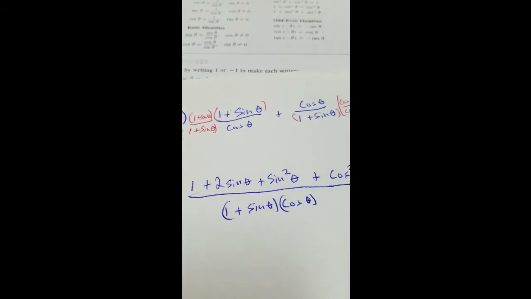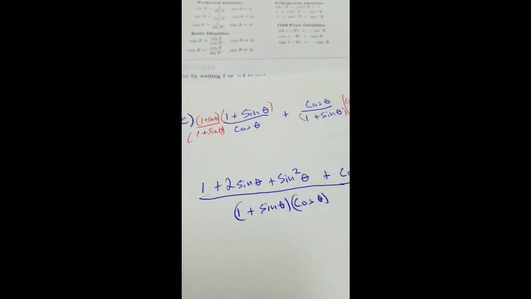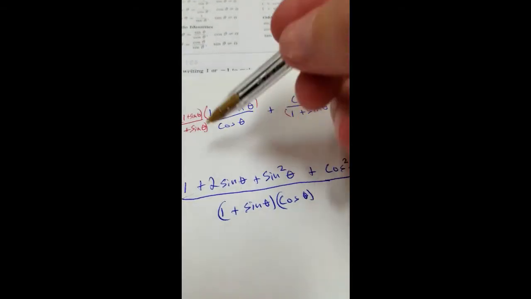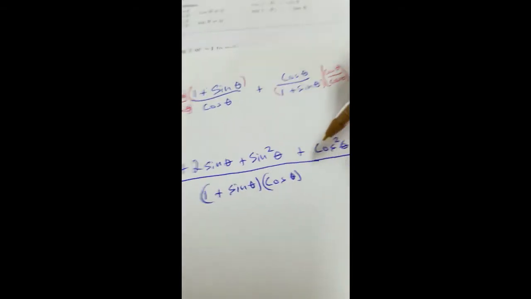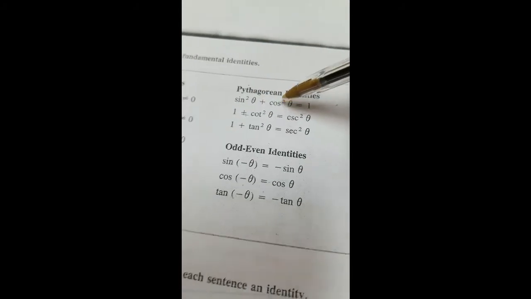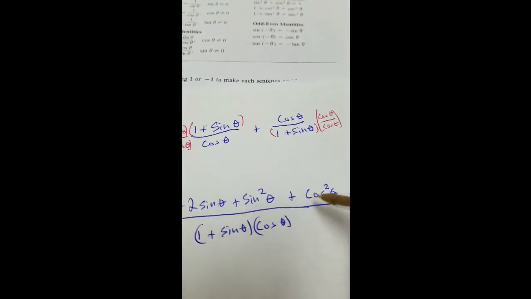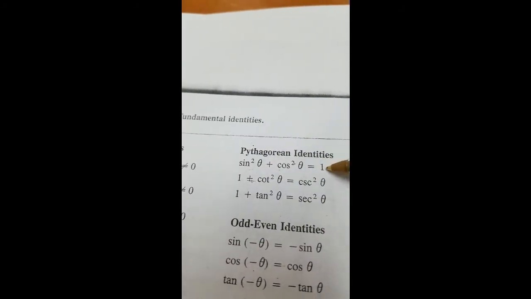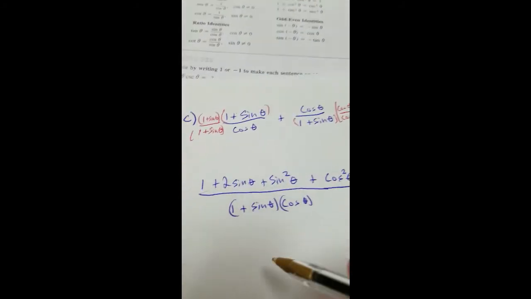Okay, what can clean up here? I know that there's some squares here, and they're all sines and cosines squared, so it looks like I can probably squeeze one of these out. If I take the sine squared plus cosine squared, these two right here, I can replace it with a 1. All right, so let's recopy all this, draw the line here.